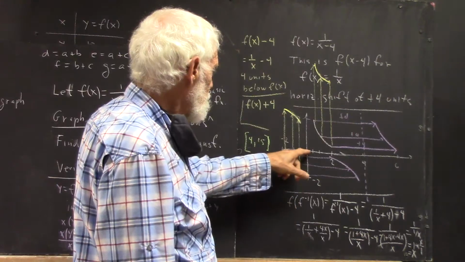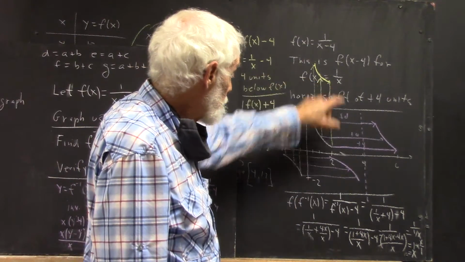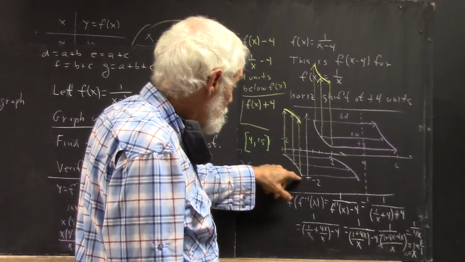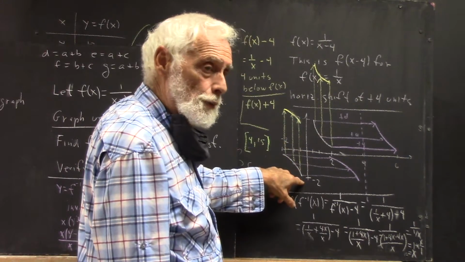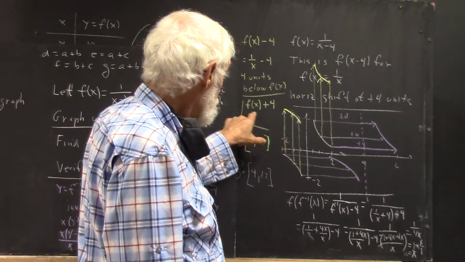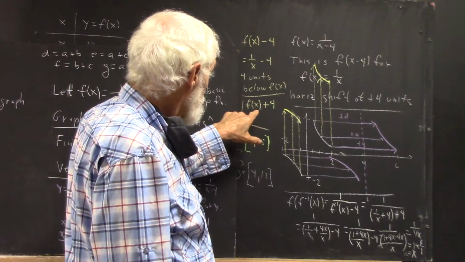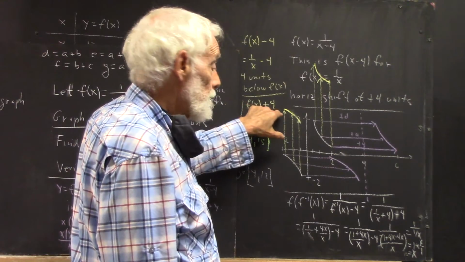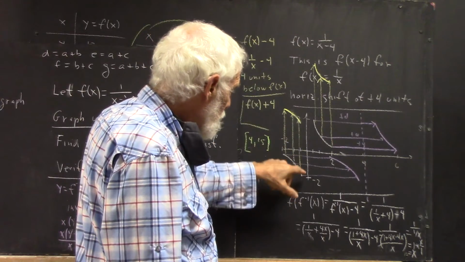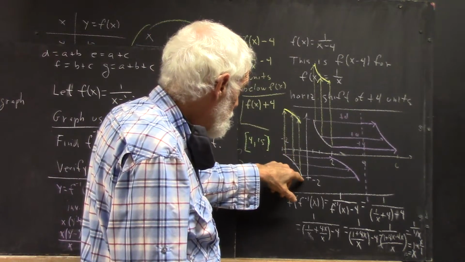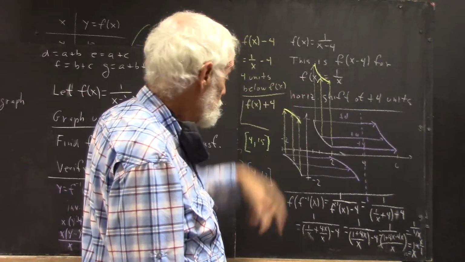So if x is negative 1/2, the y value of f of x would be negative 2. So f of negative 1/2 would be negative 2. F of x plus 4 would have value negative 2 plus 4, which is 2 units above. Of course, that gives you 2.